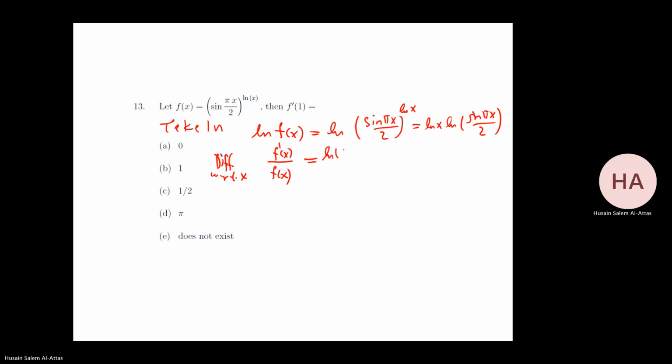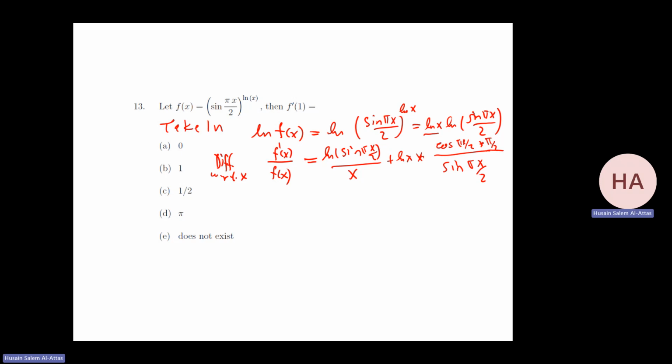Ln of sine pi x over 2 over x, derivative of ln x is 1 over x times this, plus ln x times, I have sine pi x over 2, and that will be cosine pi x over 2 times derivative of pi x over 2, which is pi over 2.